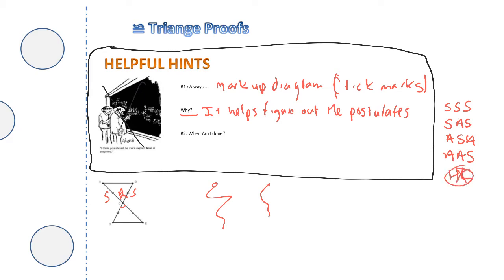So how you know you're done, and you've proved that the triangles are congruent, is when you have 3 sides or angles equal. Once you have 3, we can use one of these postulates so we know the triangles are congruent.